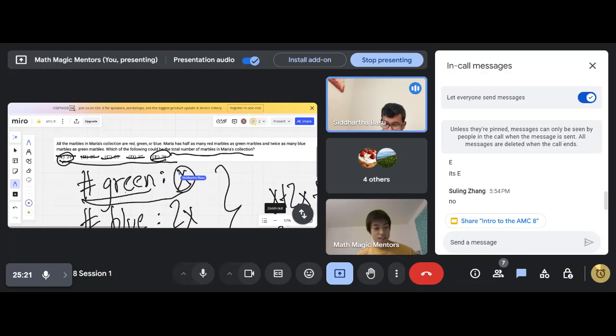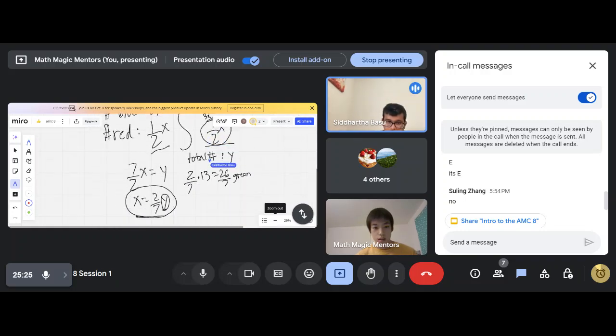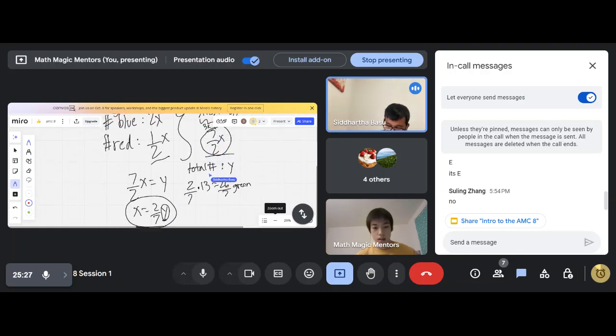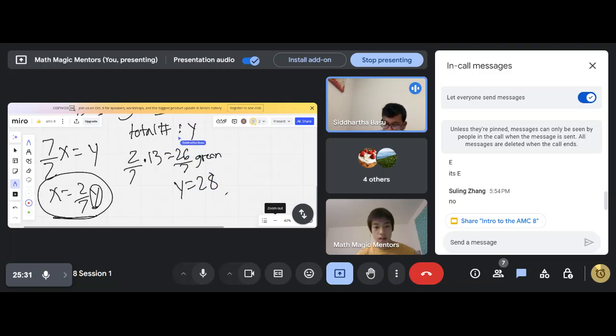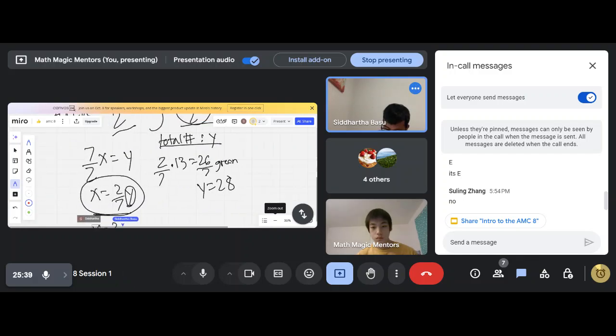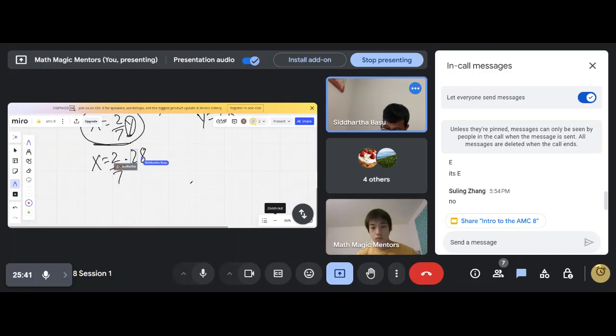As we can see, that is divisible by 7. Going back to the equation x equals 2 sevenths y, if we say that y equals 28, because y was the total number of marbles, we see that the number of green marbles is going to be 8.